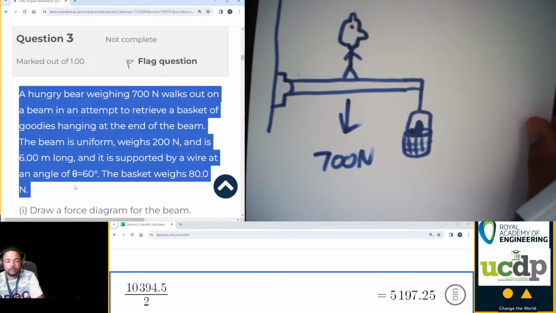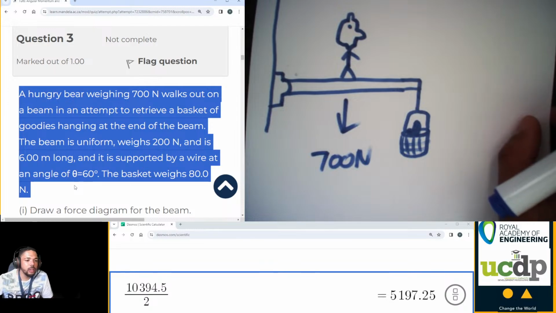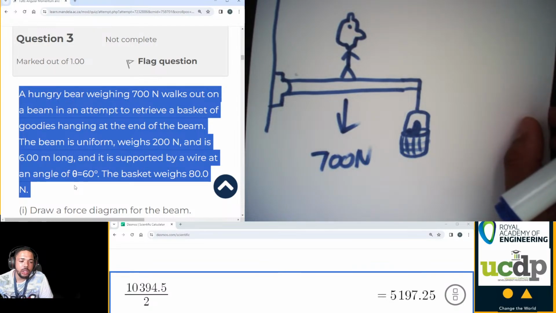Now they tell us that the beam is uniform.